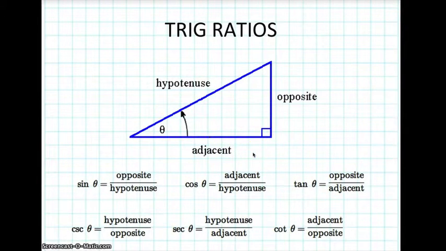To remember this, you can just remember the abbreviation SOHCAHTOA. Now for the reciprocal trig ratios, it's just the reciprocal of each trig ratio. So cosecant is hypotenuse over opposite, secant is hypotenuse over adjacent, and cotangent is adjacent over opposite.